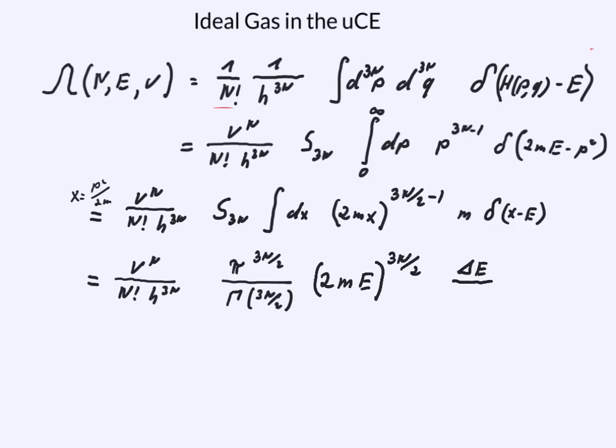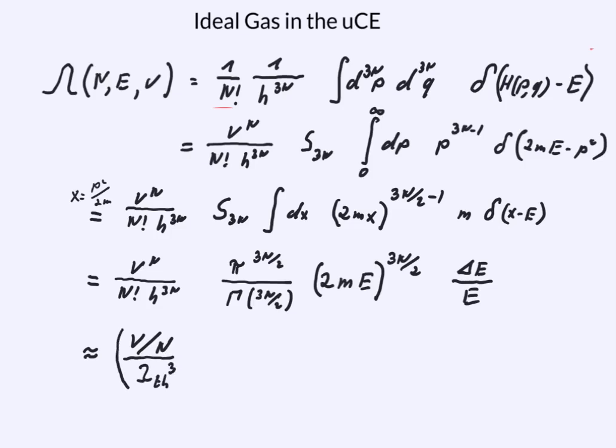So what we calculate here is the partition function for a system whose energy is between E and E plus delta E. The expression can be further simplified using Stirling's approximation that N factorial is equal to N to the power N for very large N, or the gamma function of x is equal to x to the power x.